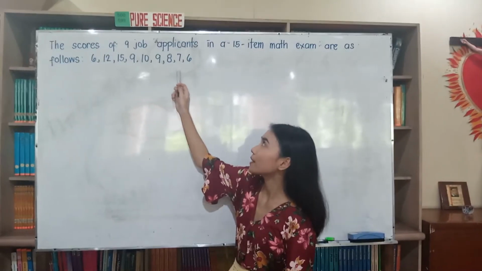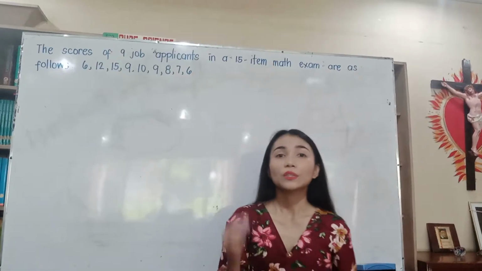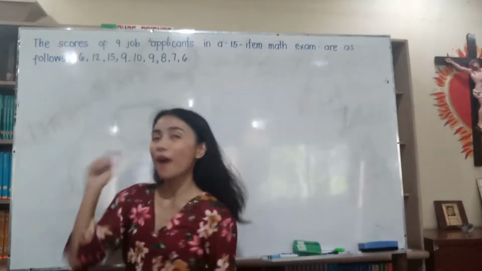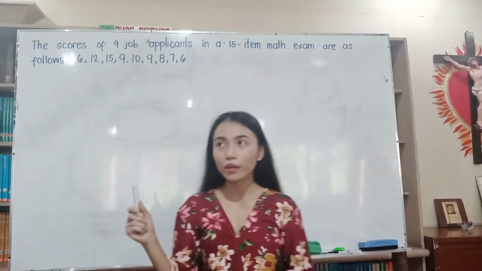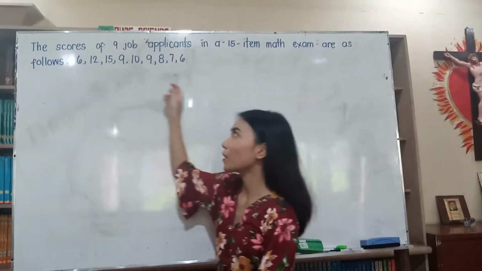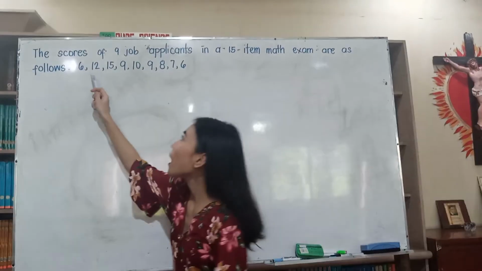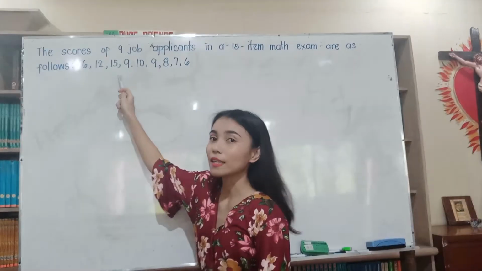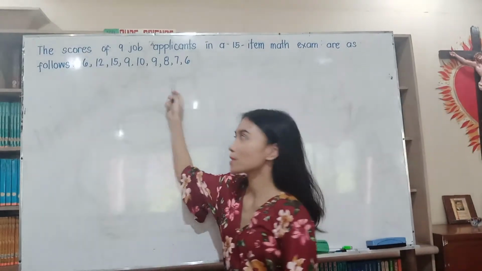8, 7, 6. To get the range, we should find the highest score and the lowest score. So here, in the given problem data, the highest is 15 and the lowest is 6.